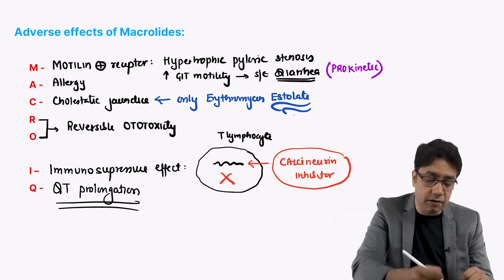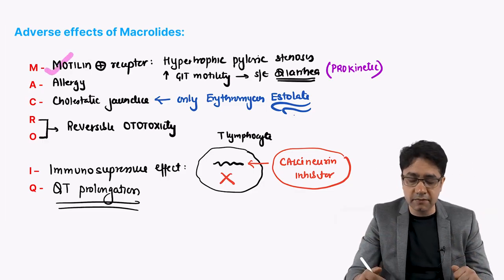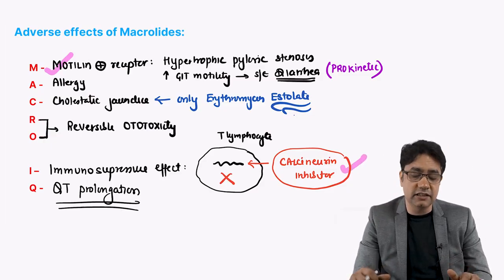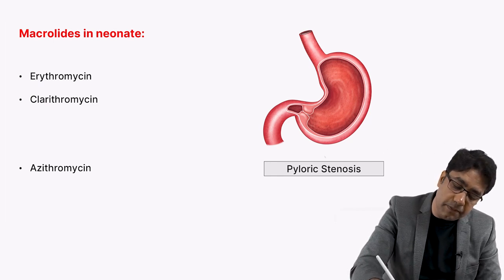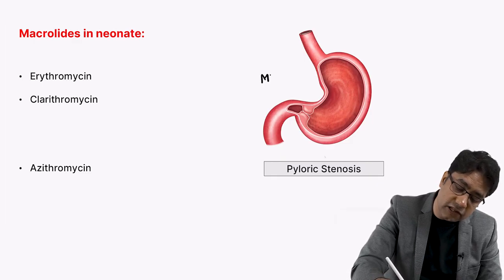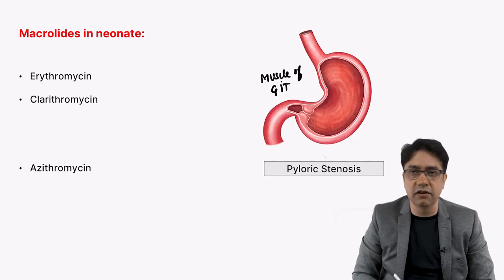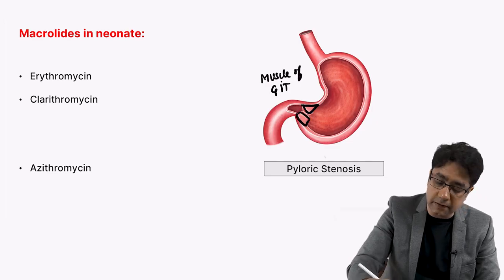So now let's talk about a few important points. First about this motilin receptor, then I will tell you about the calcineurin enzyme. So first is the motilin receptor. Where are these motilin receptors present? Motilin receptors are present on the muscles of the GIT. So this sphincter, which is made up of muscle, is the pyloric sphincter.